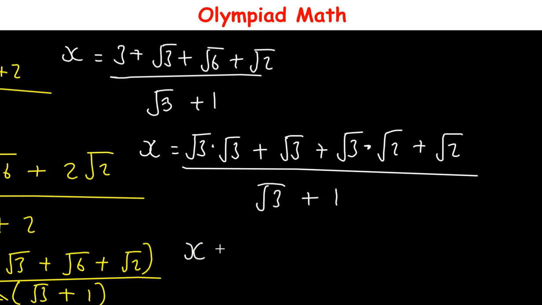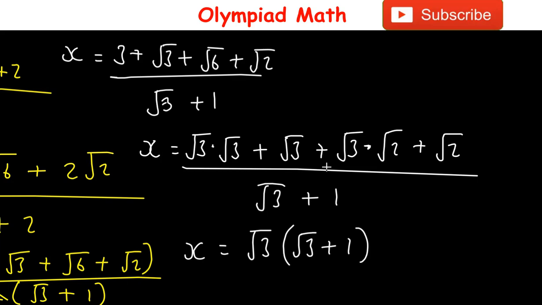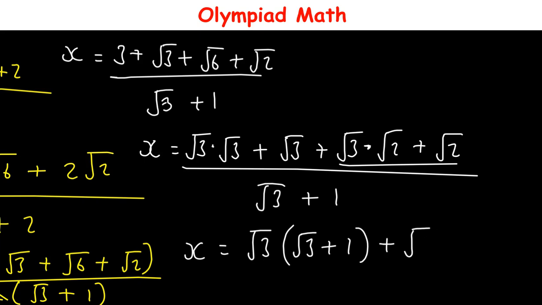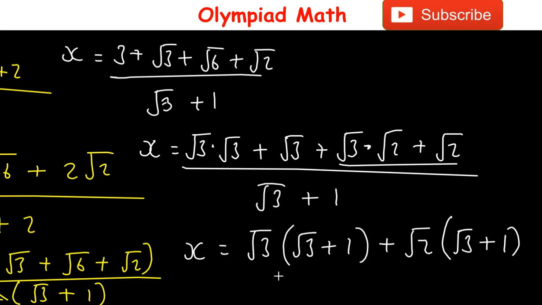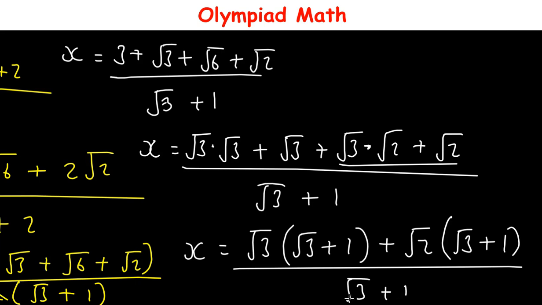Next, the value of x is equal to, factorize out root 3 from the numerator, we have root 3 into bracket, we have root 3 plus 1, and also factorize out root 2 from here, we have plus root 2 into bracket root 3 plus 1, and this is then divided by root 3 then plus 1.